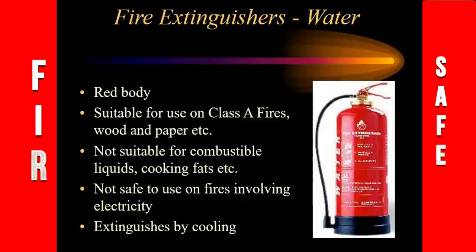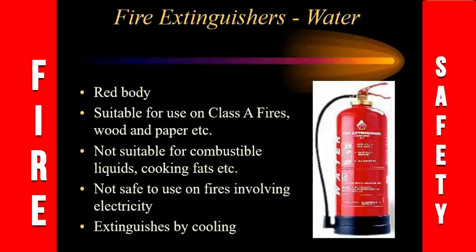Another very important question: how many types of fire extinguishers are there? Today, I'll give you an introduction with the old and new fire extinguisher differences. Fire extinguisher type: water. Its body is red, suitable for use on class A fires, wood and paper, etc., meaning solid fire.